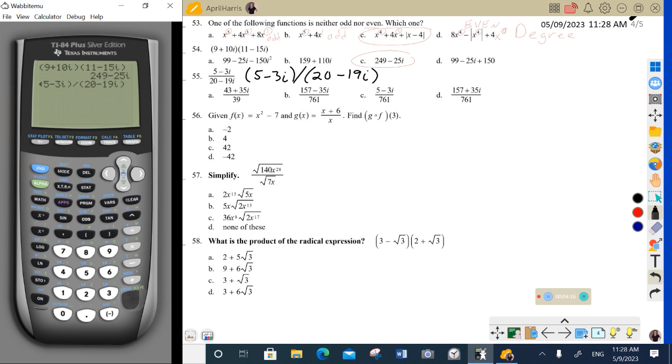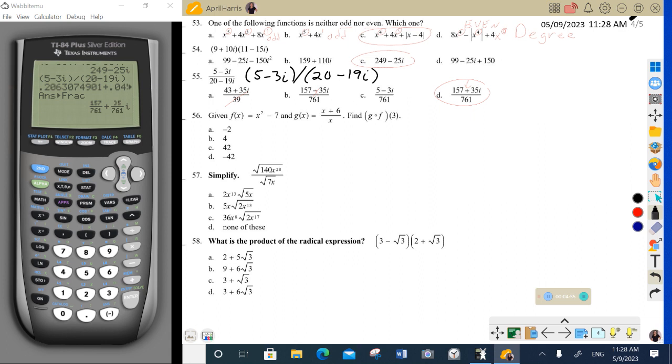And when we do that, we get crazy decimals, so math, enter, enter. And I get, see my denominator is 761, and in the top I got 157 plus 35, not minus. So D is the answer there.